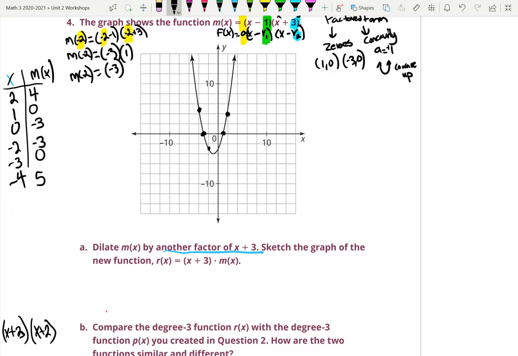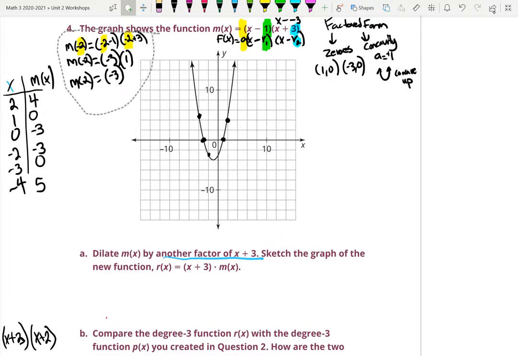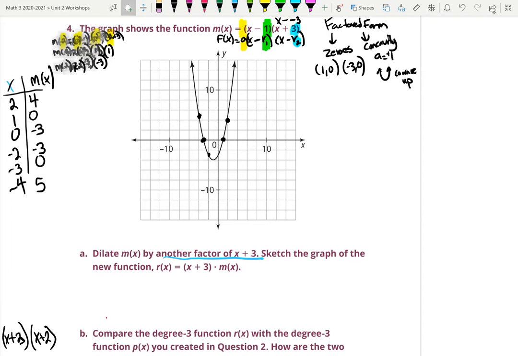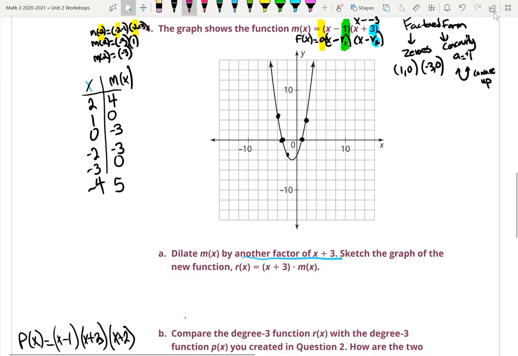Now, we have to multiply it by what? A factor of x plus 3. So I need to take my function, my outputs, and I'm going to multiply them by x plus 3. So what is x plus 3? 2 plus 3 is 5. 1 plus 3 is 4. 0 plus 3 is 3.